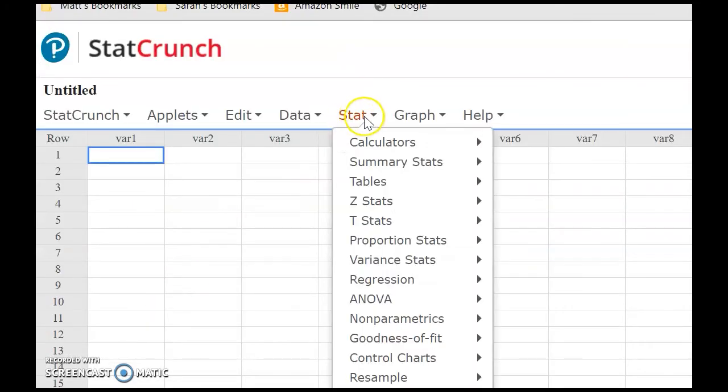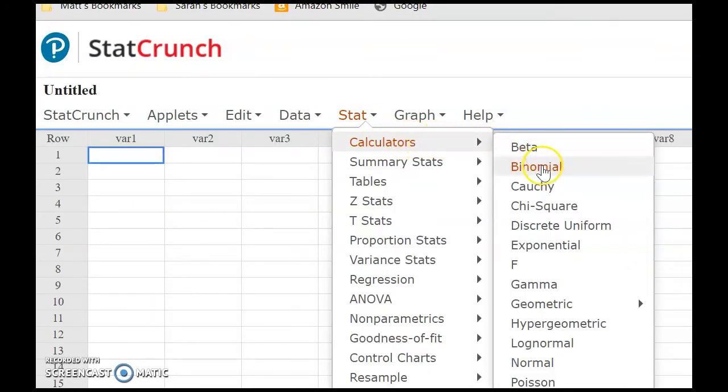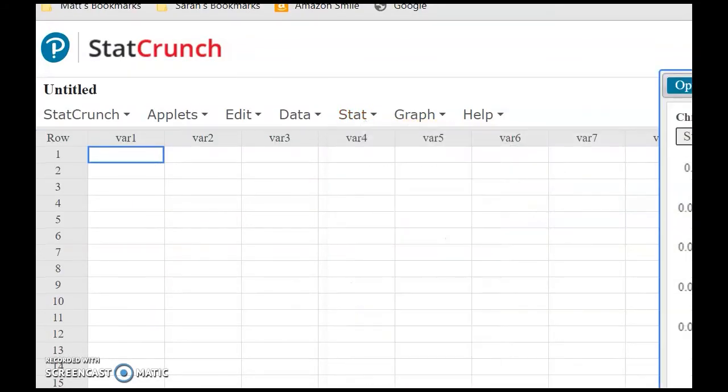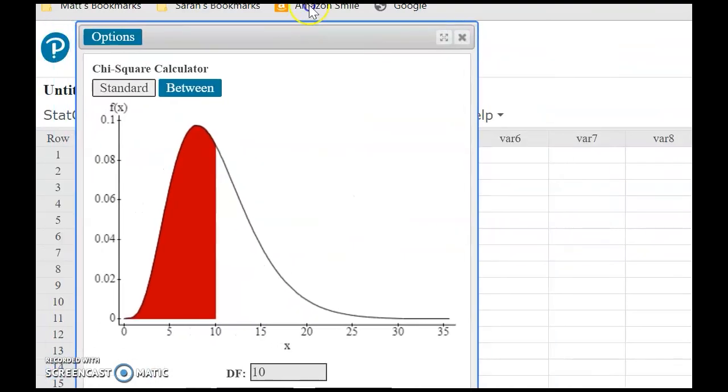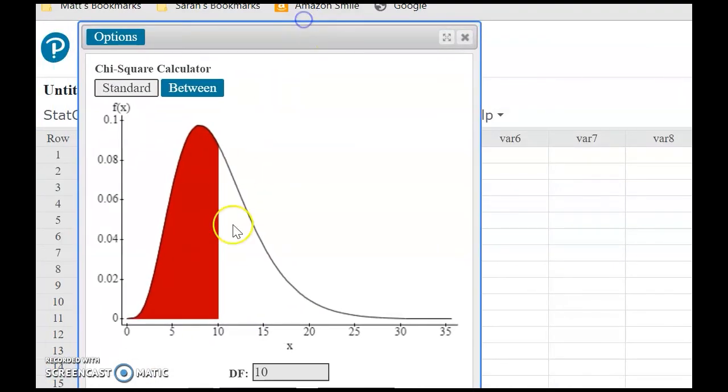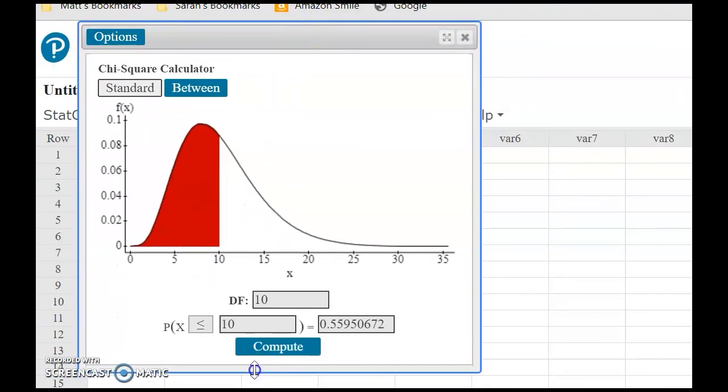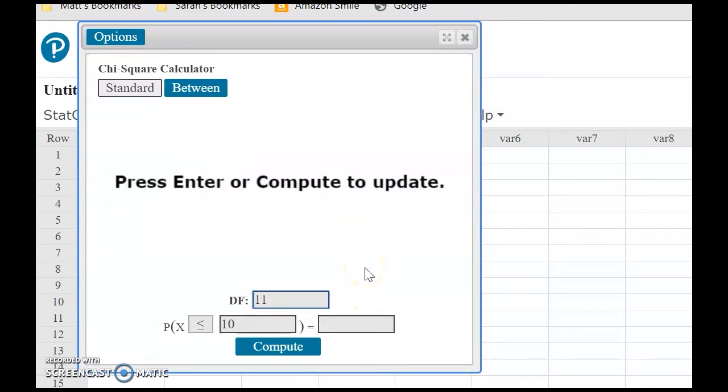So now I'm in StatCrunch. I just want to pull up calculators, pull up my chi-squared calculator, throw that guy over here in the window so it's easy for everybody to see. And we know the degrees of freedom is n minus 1. The sample size was 12, minus 1 is 11. So we have 11 degrees of freedom. And what we want here is we actually know areas this time, and we want the chi-square values.